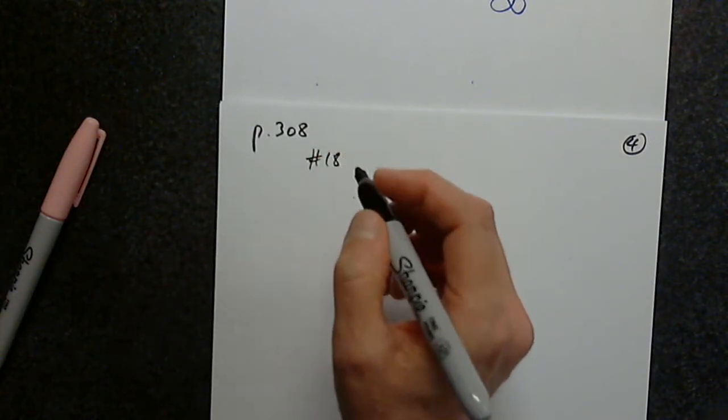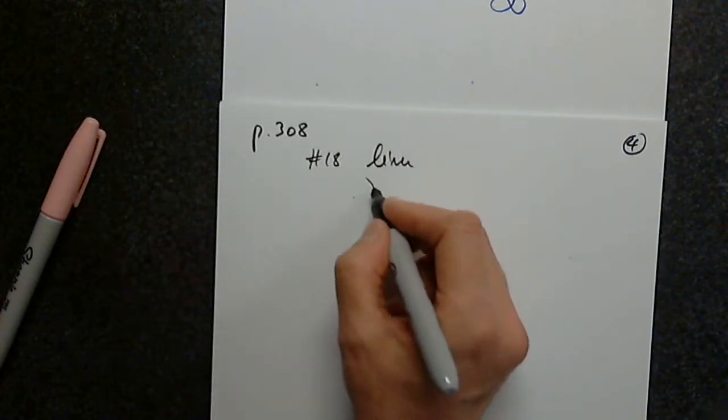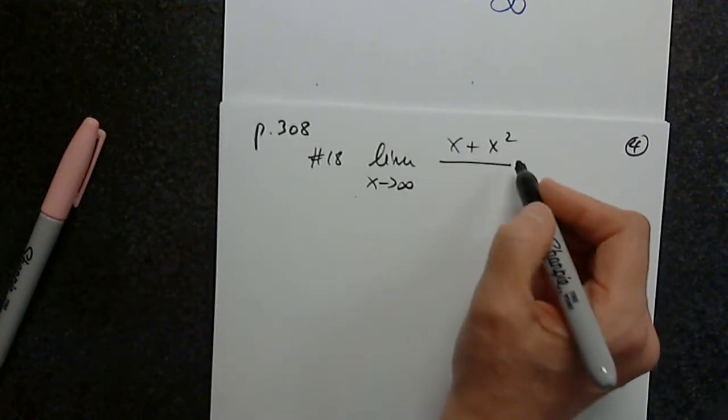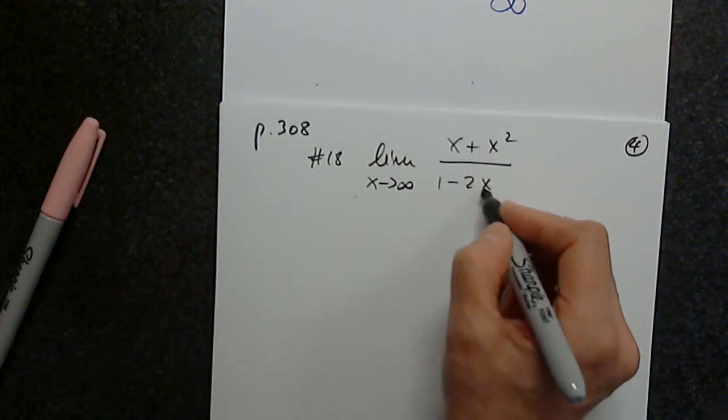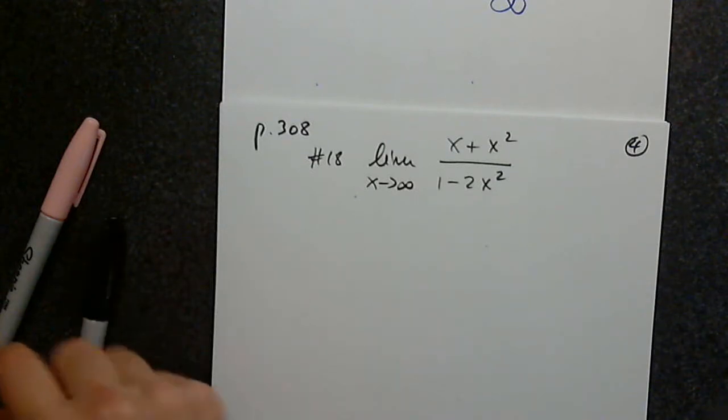So number 18, limit as x approaches infinity of x plus x squared divided by 1 minus 2x squared. This is basically a warm-up. Why? Because we've done this in even more complicated situations than this.